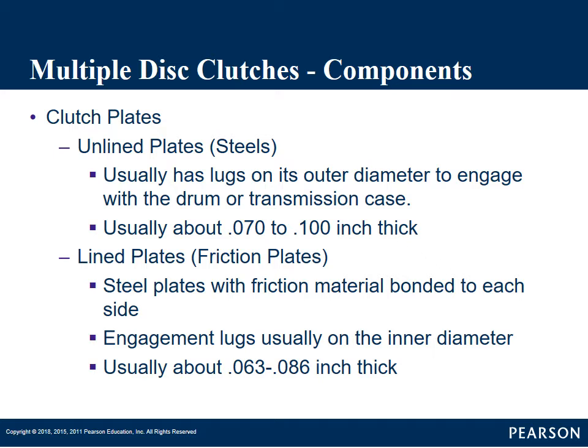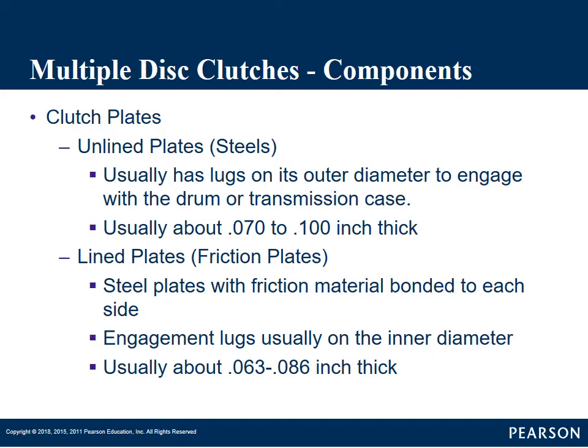Most of the time the lugs will be on the outer diameter of the steel plate, and those are meant to lock into the drum or the transmission case. So when the clutch discs apply, we have something that it can lock against. Those lugs are either going to spline into the drum or transmission case, depending on if it's an apply or holding device.